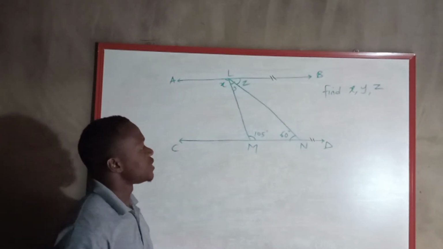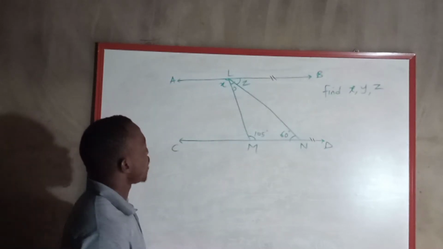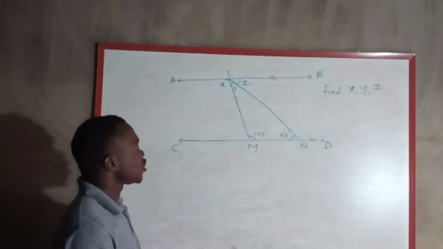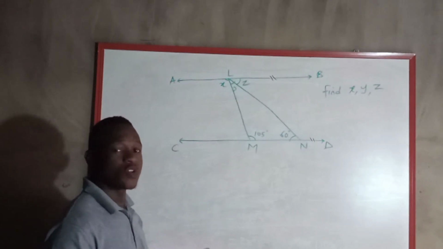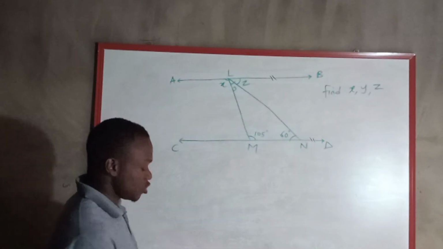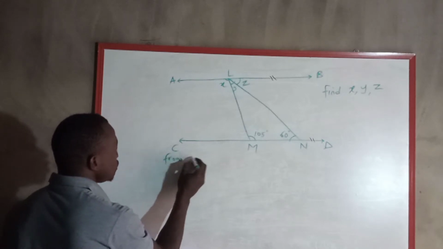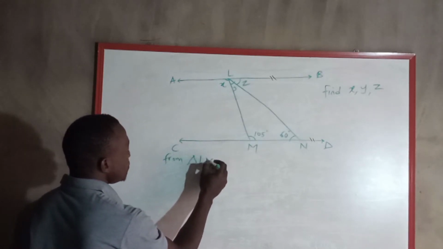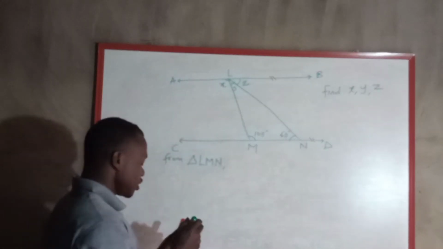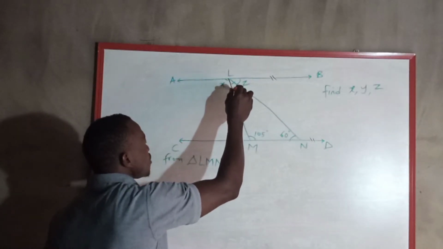So we're asked to find angle XYZ. Now, how do we find angle XYZ? A triangle has three sides and three angles, and the three angles in a triangle form 180 degrees. Automatically, we have this triangle LMN. So from triangle LMN, let me use the red marker to show the triangle we are considering.